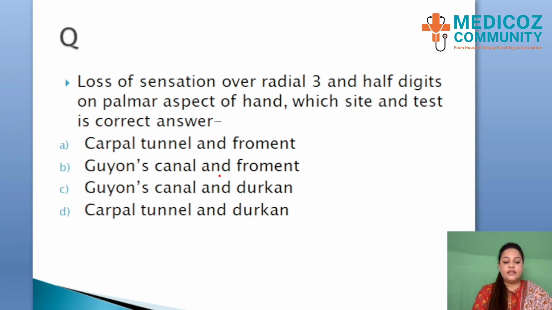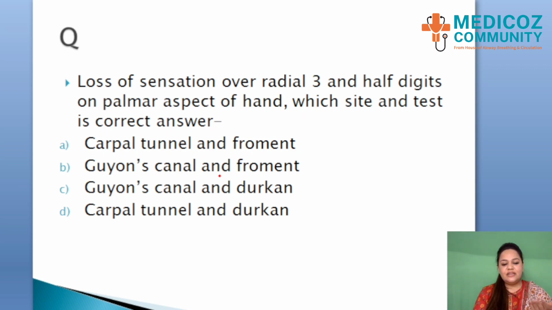Now the next question is: loss of sensation over the radial 3.5 digits of the palmar aspect of the hand. Which site of lesion and test is the correct answer from the given options? So there is a loss of sensation over the palmar aspect of the hand, on which side, on which digits? The lateral 3.5 digits.